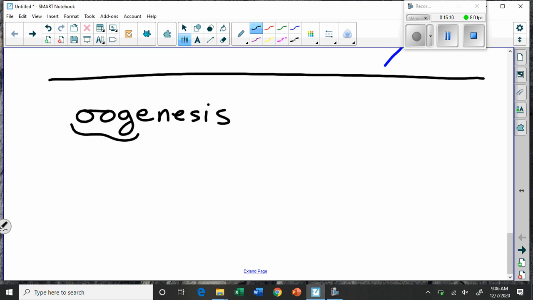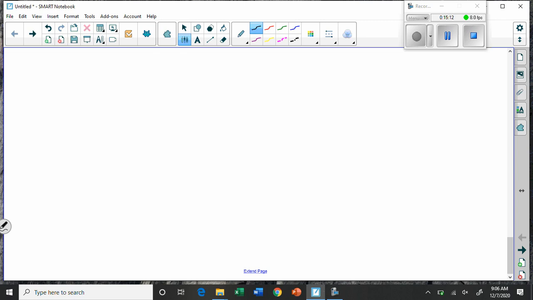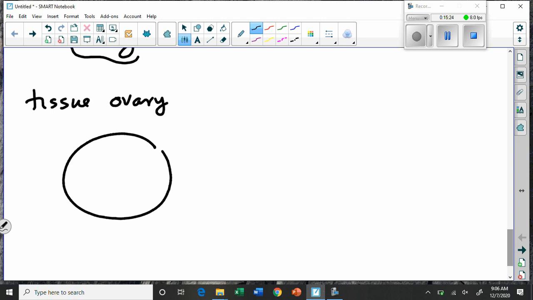What happens here is you have a cell in the tissue, the tissue that's found inside the ovary. And in the ovary, we have this cell. So the first thing that happens is, of course, meiosis I. But what's interesting is it usually doesn't happen all at once.